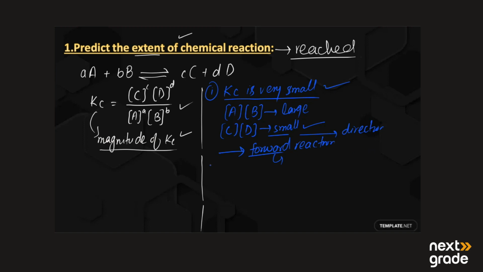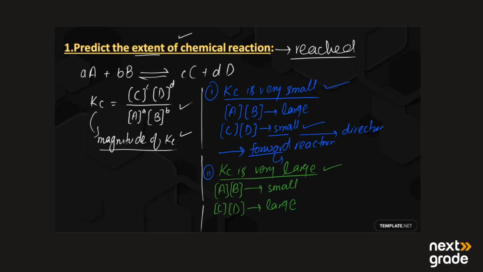And second, if we have a very large value of Kc, what does this mean? It simply means that the concentrations of A and B are small, and the concentrations of C and D are large.